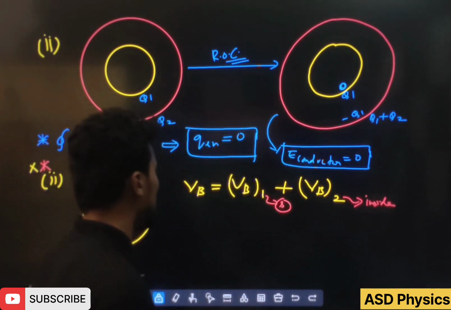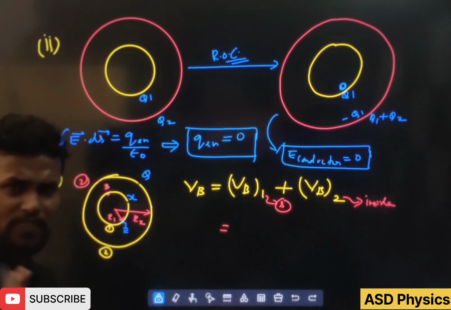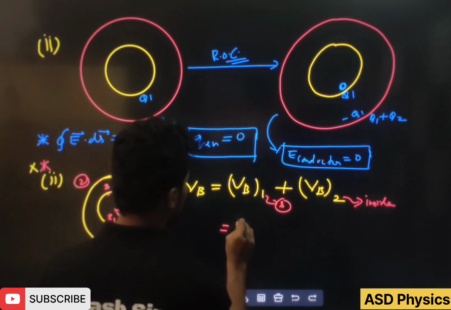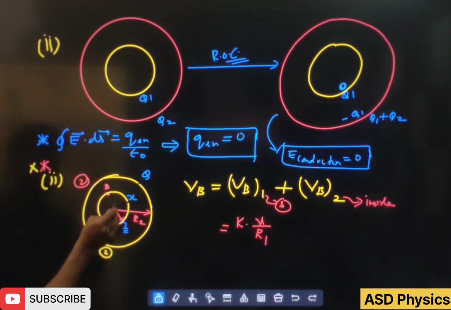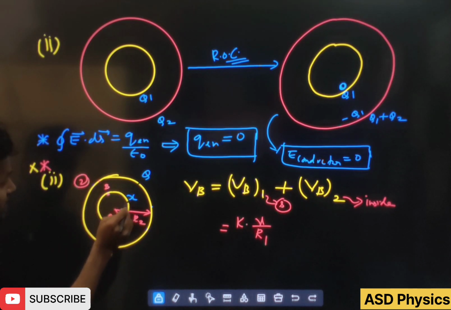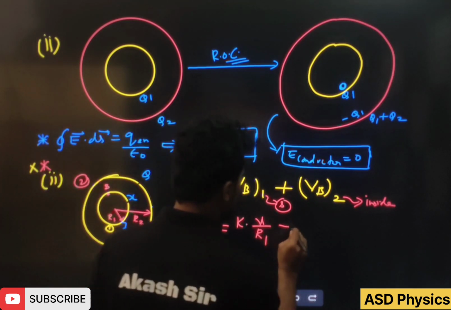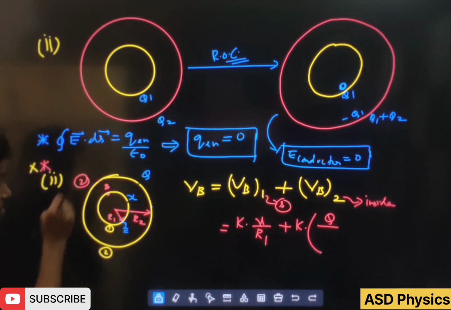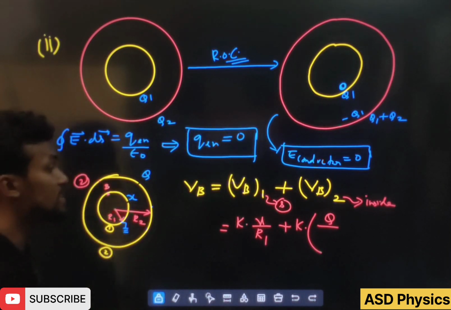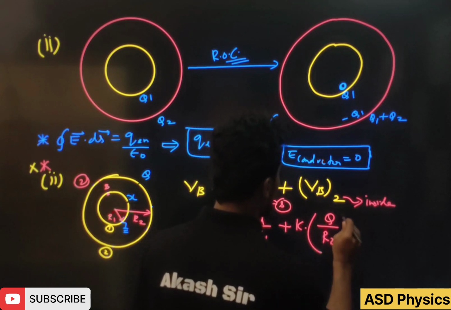At the surface, the same distance, so we write K into X by R1. For this one, how much charge? X. Distance how much? R1. So K into X by R1 plus K into Q by R2, since the potential inside is KQ by R2.